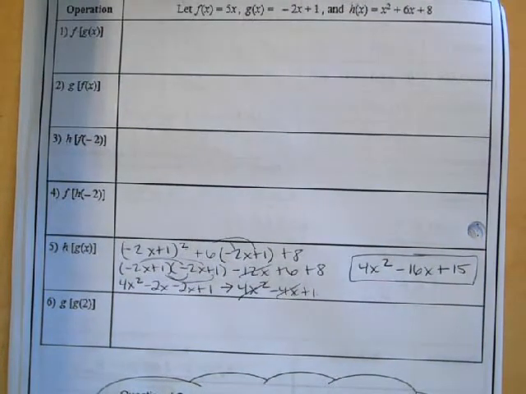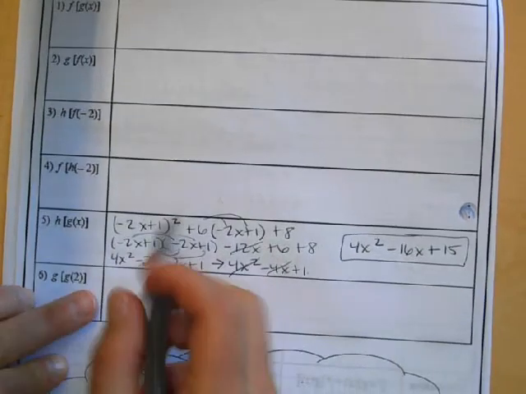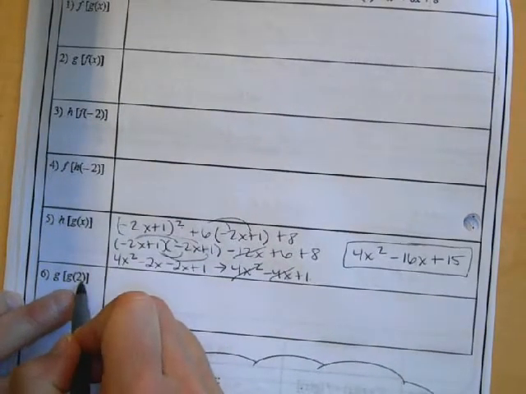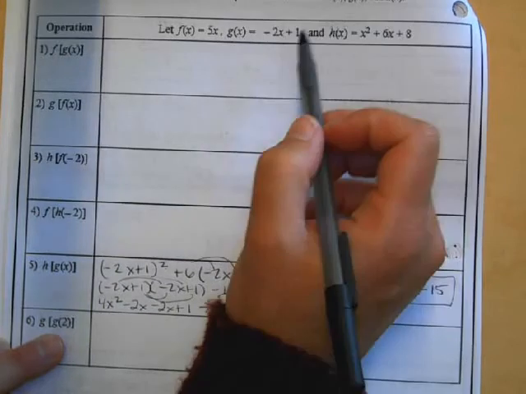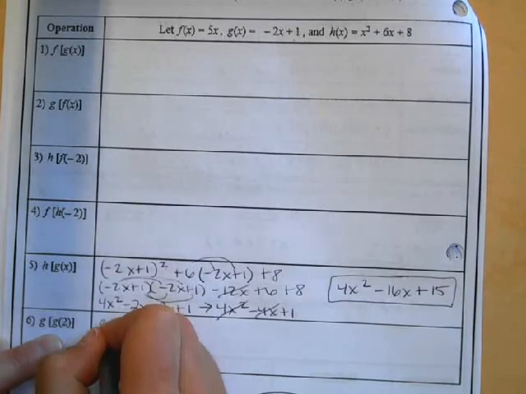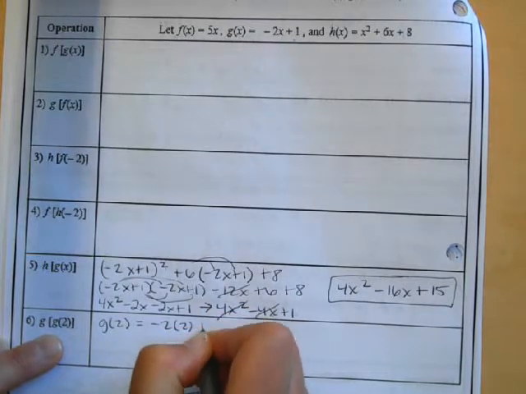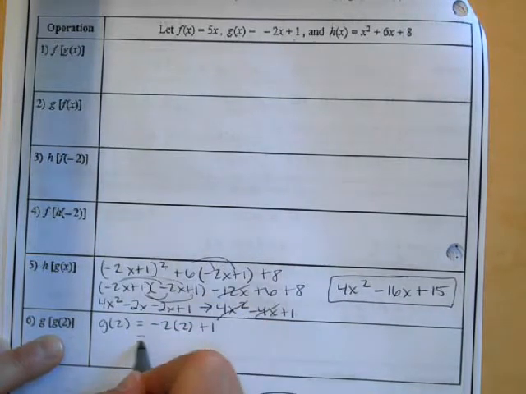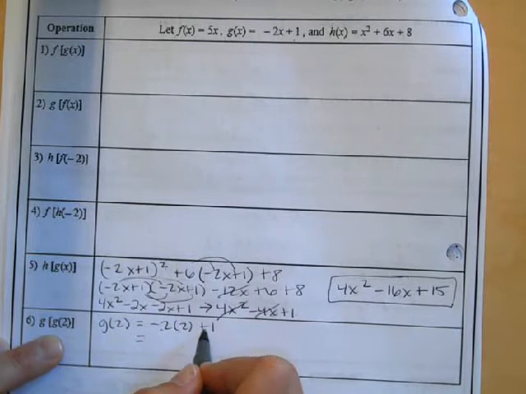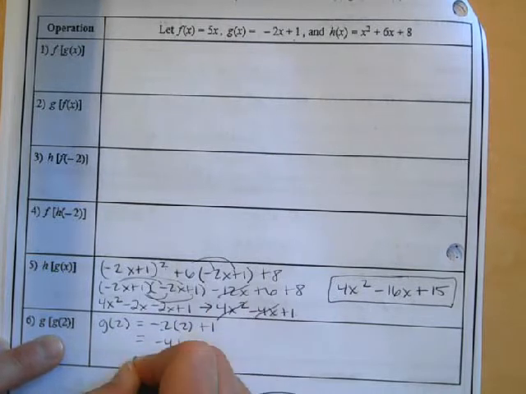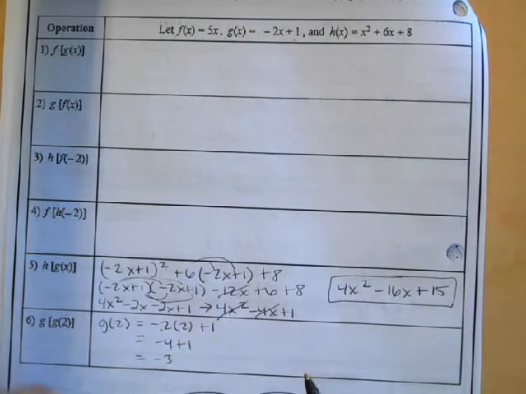And then I'm going to do number 6 for you guys. That'll be my last problem. So we're going to plug 2 in for the x for our g of x. So we have g of 2 equals negative 2 times 2 plus 1. I'm going to go ahead and simplify that. Negative 2 times 2 is a negative 4, plus 1. We get a negative 3.